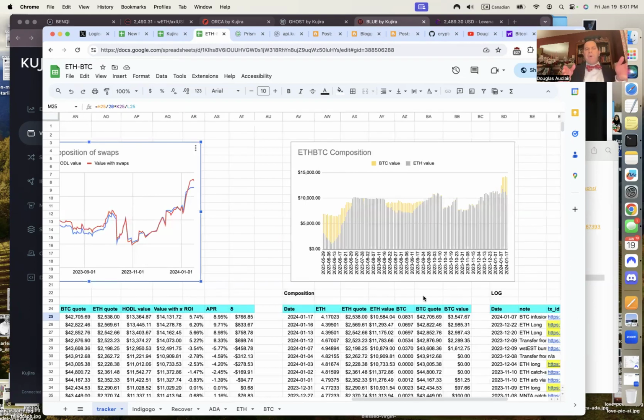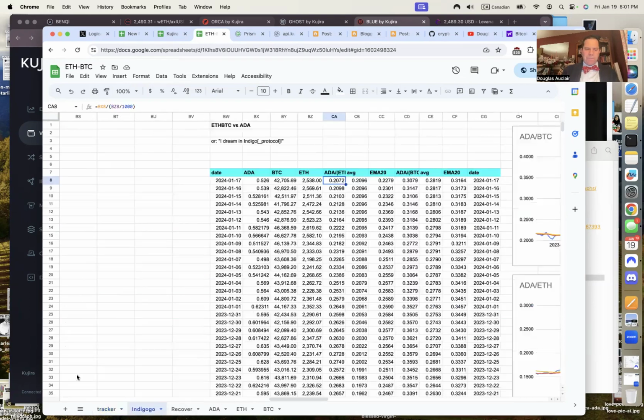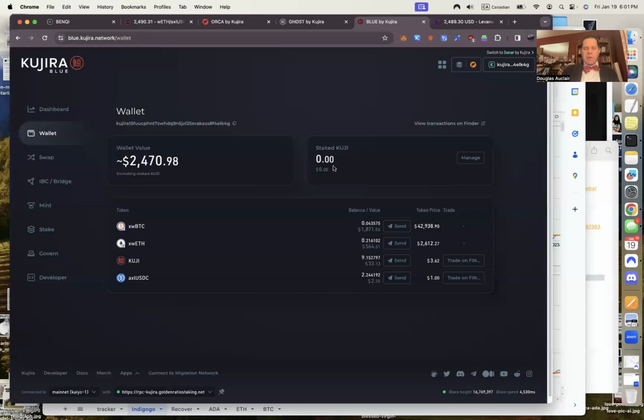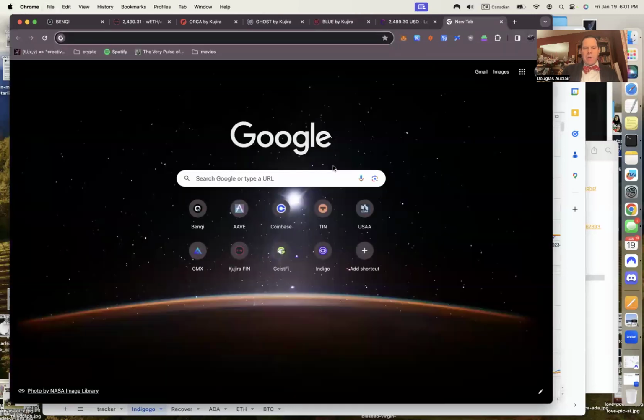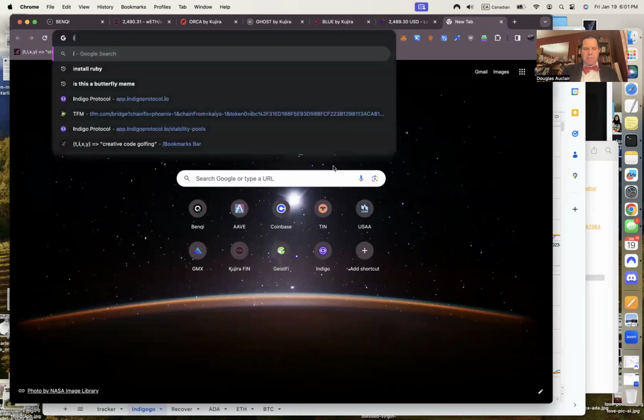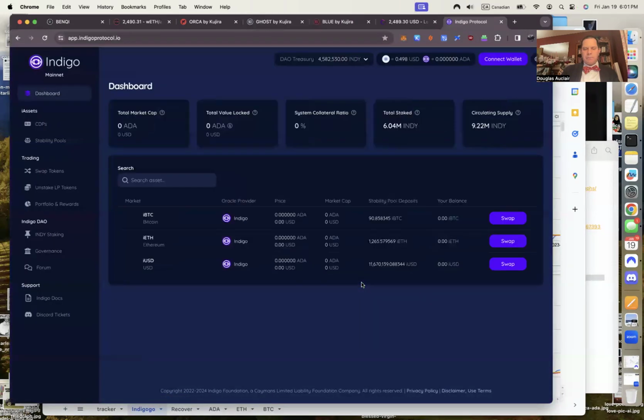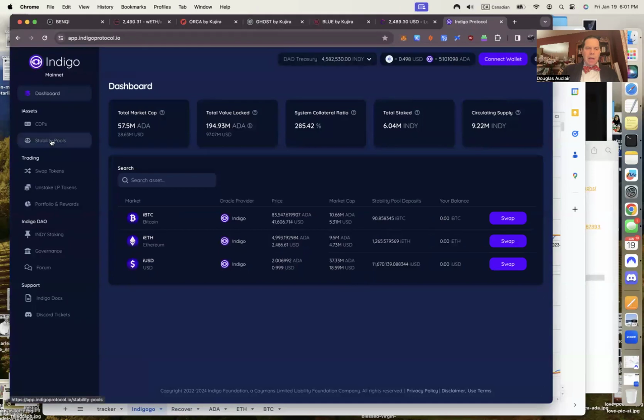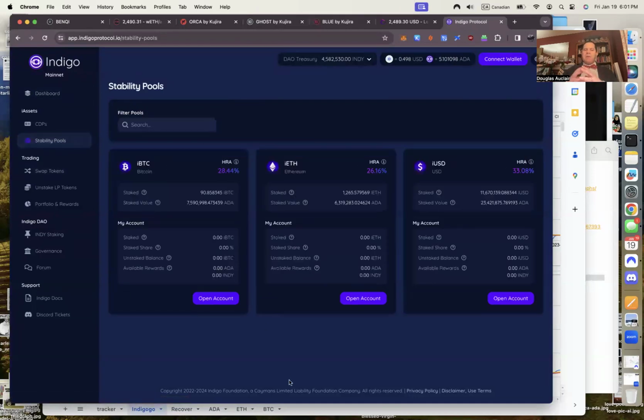Now, this portfolio here is my trading portfolio. Under my Indigo portfolio, and I will show you Indigo, which is on the Cardano blockchain, I have positions in Bitcoin and Ethereum that I am holding.